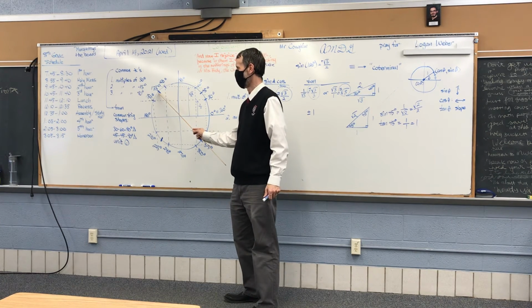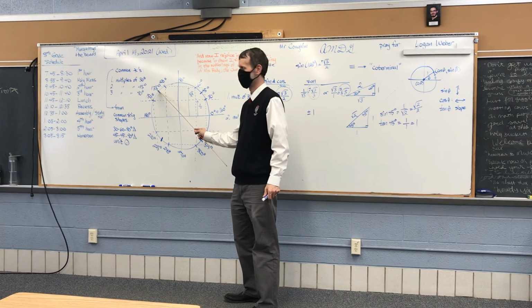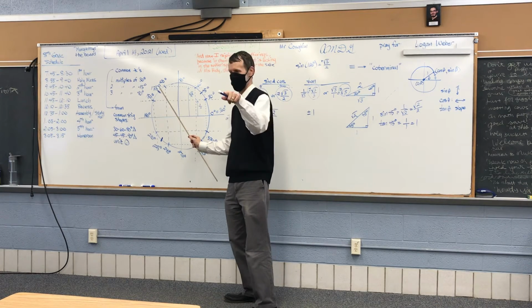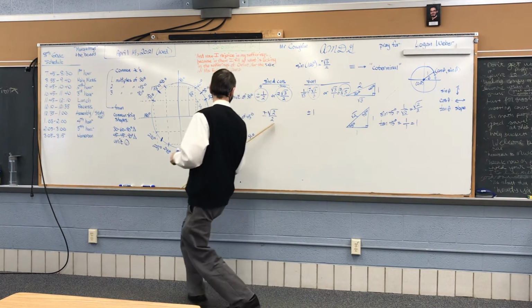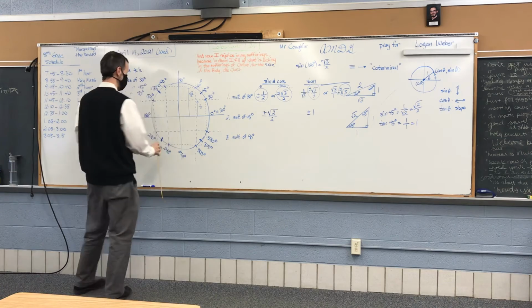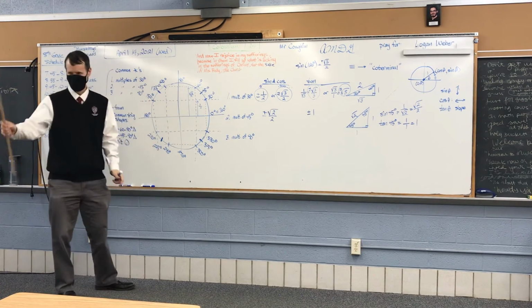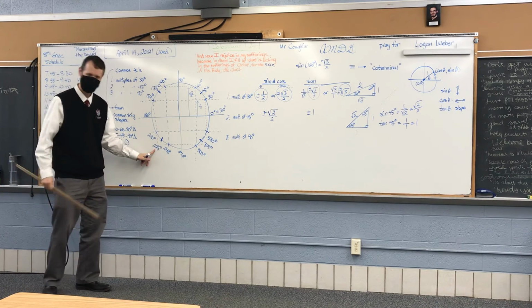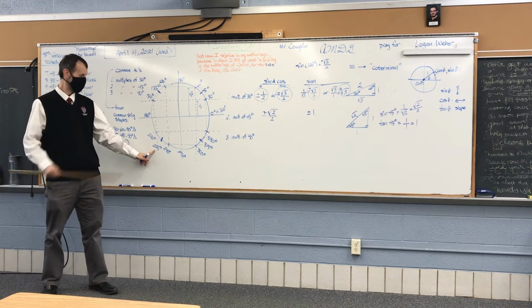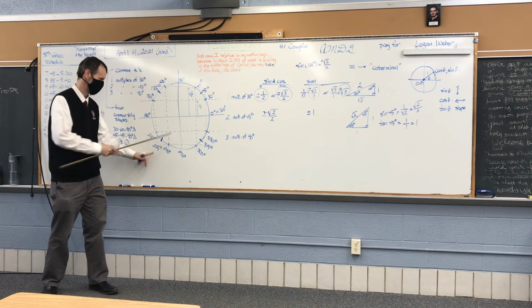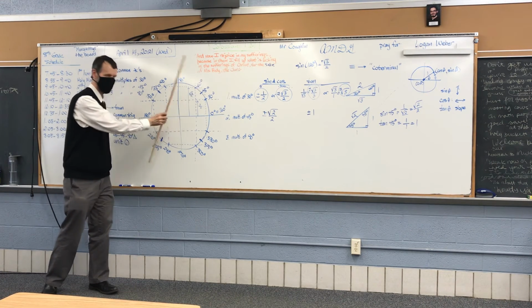That is negative radical 2 over 2. What's the tangent? Negative 1. Noah, 225. Sine. Negative radical 2 over 2. How about cosine? Negative radical 2 over 2. Nice. And the tangent? Positive 1.